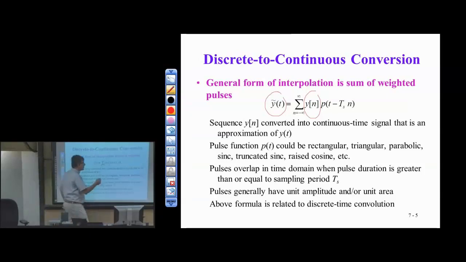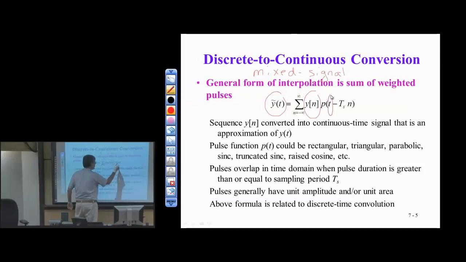So as I mentioned last time, this was mixed signal filtering or processing, and by mixed here we're referring to mixing time domains. We're mixing both discrete time y of n and continuous time p of little t minus capital T s little n.